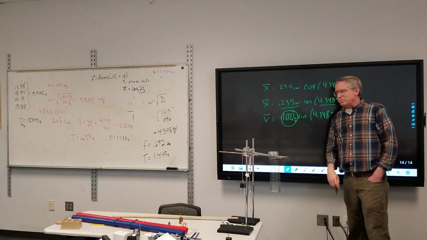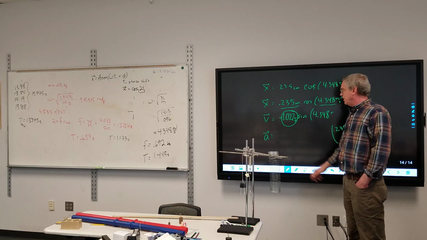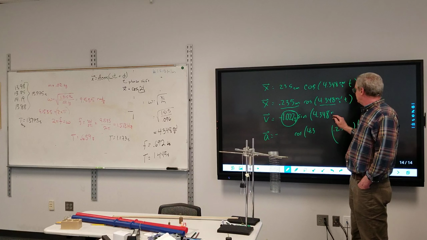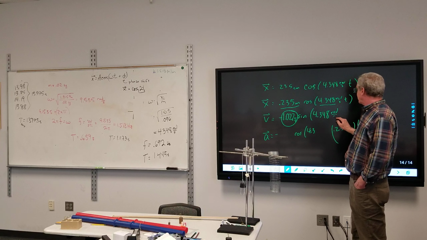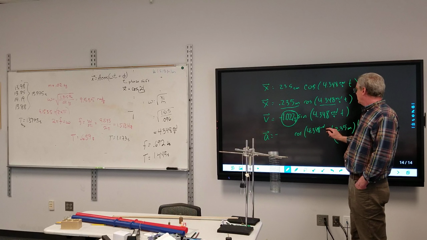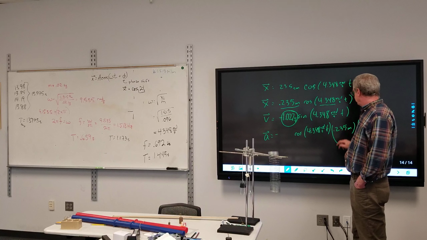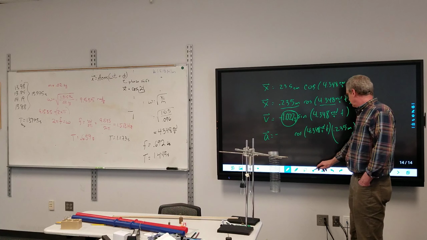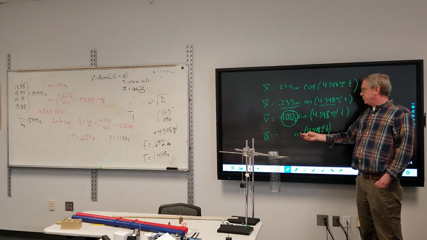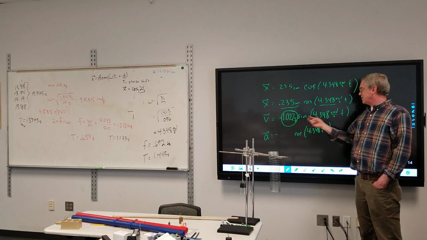My acceleration, well, we do it again, it's going to be negative something cosine of 4.348 radians per second times time. And again, when we go to the slope of the slope, it's this times omega, so that times 4.348, which is 4 point something.